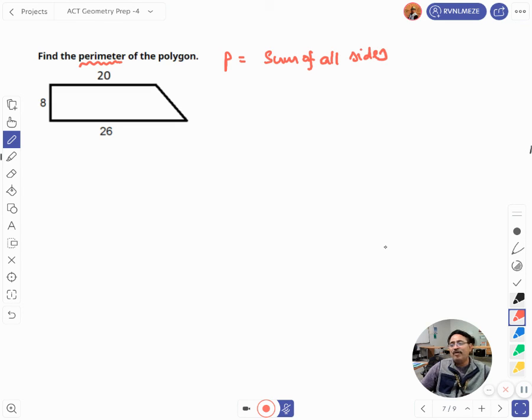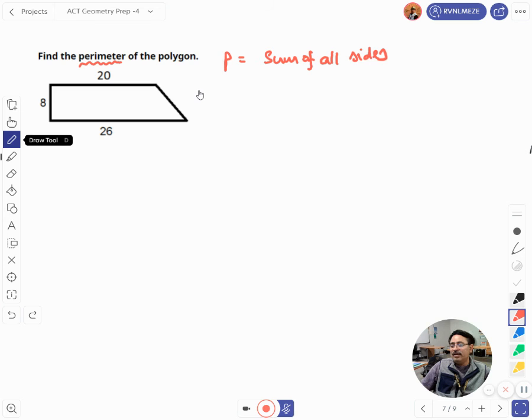When they say sum of all sides, it's easy: 8 plus 20 plus, what is the length of this one? That length is missing, so you have to figure it out. That's the question. Once you can get it, then it's easy for you to find the perimeter.